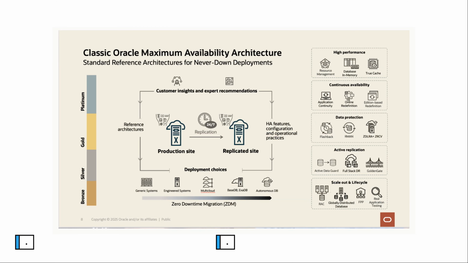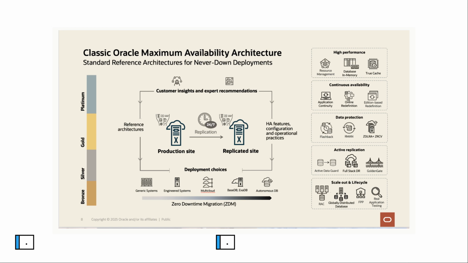So, saying that, I will just do a brief explanation about what is MAA, and then we will be open to a whole Q&A in case anyone has any further questions. So, MAA, Maximum Availability Architecture, it's not a product, it's not a service, it's a framework that we have available.